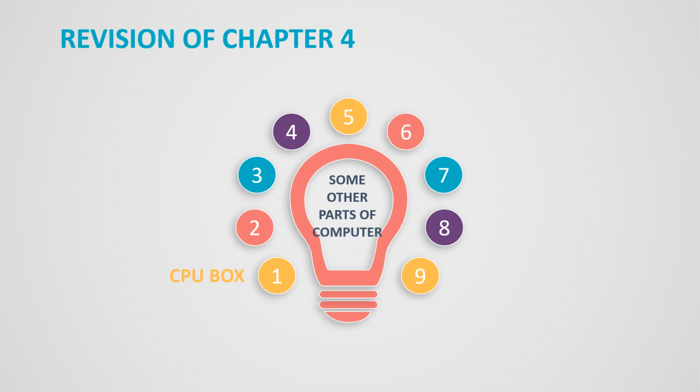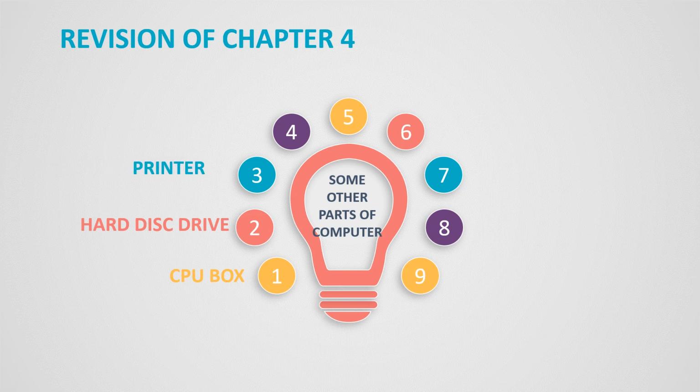CD and DVD are used to store the work done and the data that is used on a computer. Number 2 is hard disk drive. Hard disk is placed inside the CPU box. Computer stores the data and the work that is done on the hard disk.